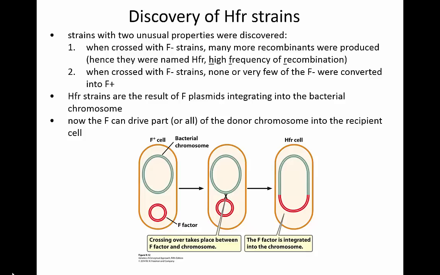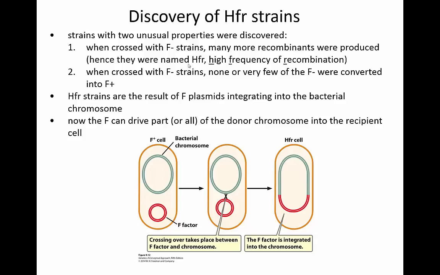So additional work identified something called an Hfr strain. And an Hfr strain is actually a strain that started out as an F plus strain of bacteria, but it got these unusual characteristics. When an Hfr strain was crossed to an F minus strain, you get many more recombinants that transferred bacterial genes from that F plus strain to the F minus strain.